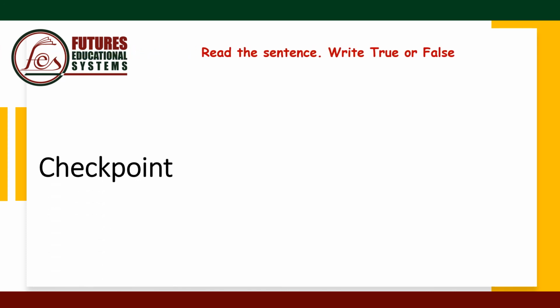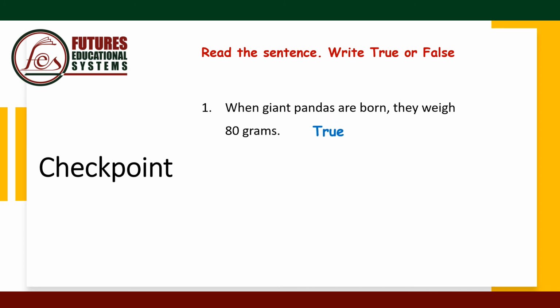Checkpoint. Read the sentence and write true or false. Number 1. When giant pandas are born, they weigh 80 grams. Yes, we said that they weigh from 80 to 140 grams. So it's true. Number 2. Giant pandas walk and run on 2 legs.